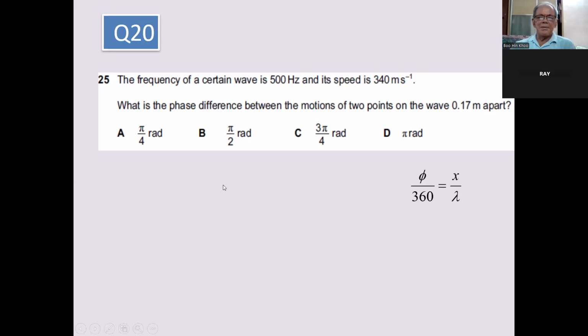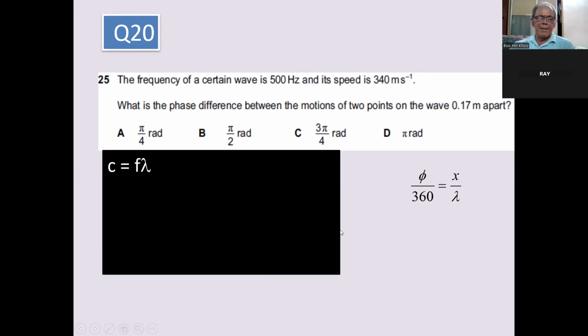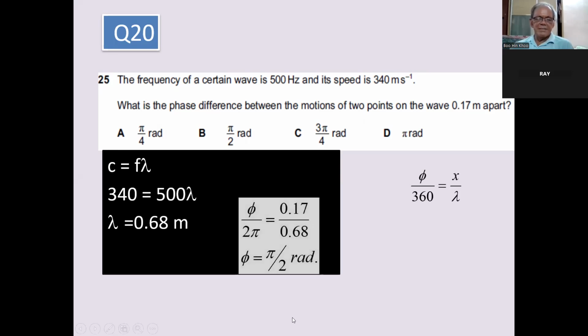Find the wavelength. Use this equation. Calculate the wavelength, and then use this equation to calculate your phase difference. 0.17 meter. Wavelength is 0.68. It is 2 pi, so it's pi over 2. Answer is B.